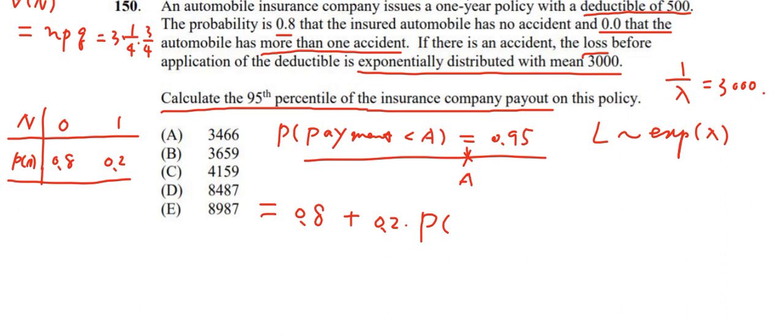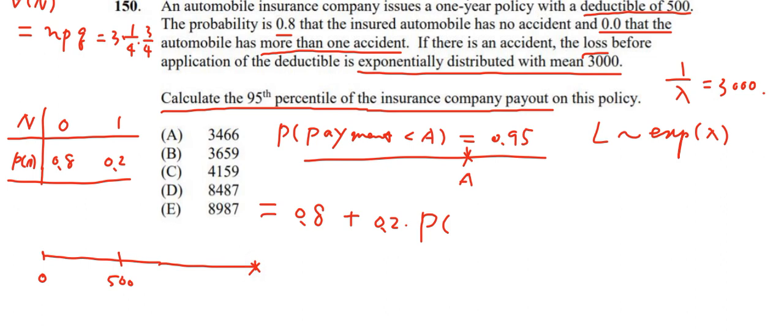Okay, so we want to find a cut point. The payment is, let's say like this, from 0 to 500, and we just suppose the cut point here.